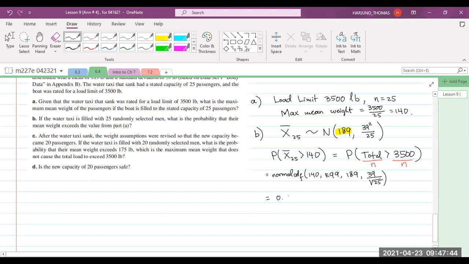And that's 0.99, oh, basically 9999999, a lot of nines. That's basically 1. So the probability that the total weight exceeds the capacity is 1. For sure. Basically, if you happen to have 25 men getting into this water taxi, it is guaranteed to fail.